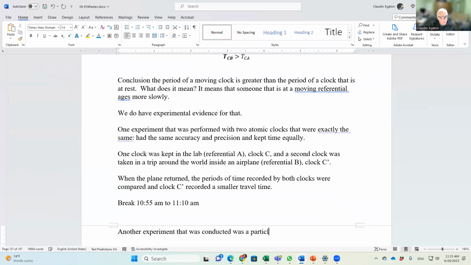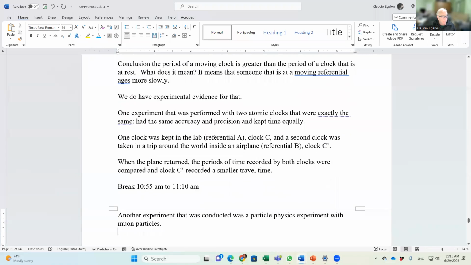was a particle physics experiment with muon particles.